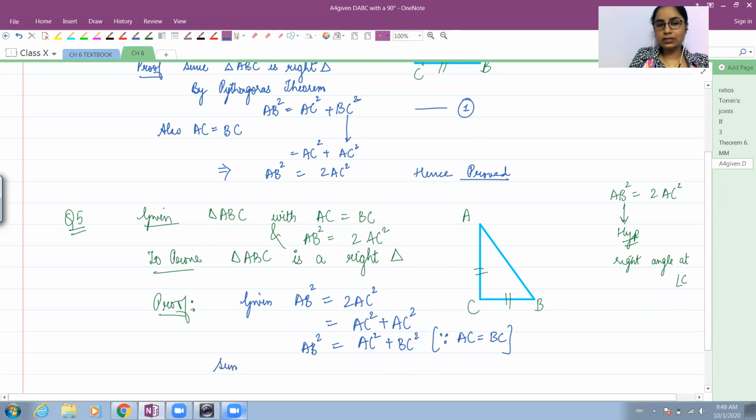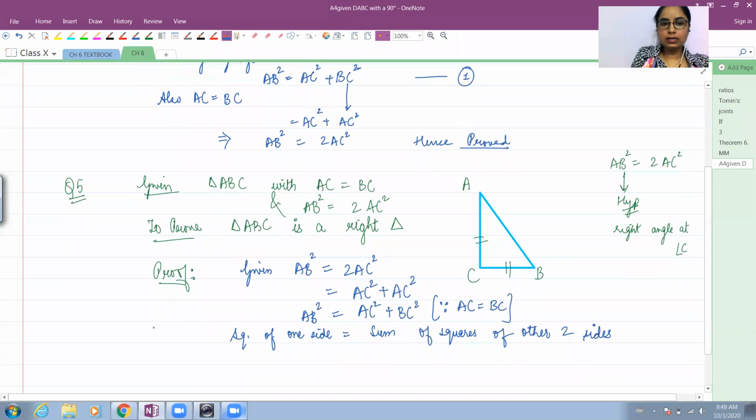So what we have is, so this is what we have obtained, that in this triangle, square of one side is equal to sum of the squares of other two sides.